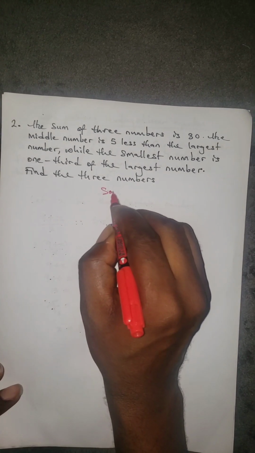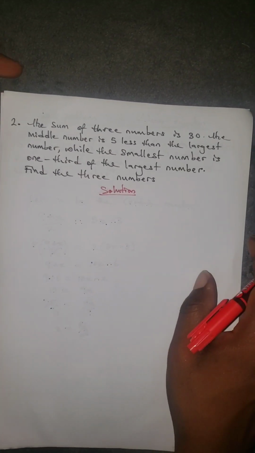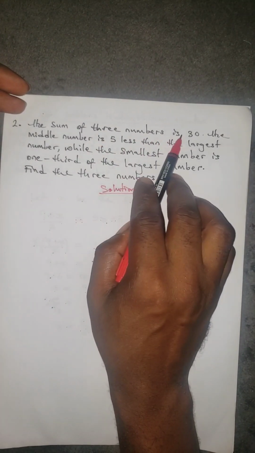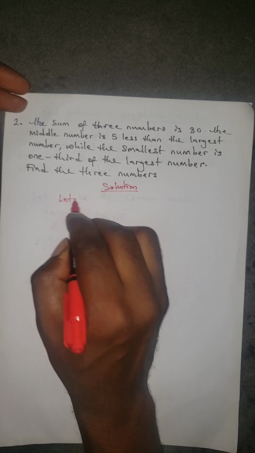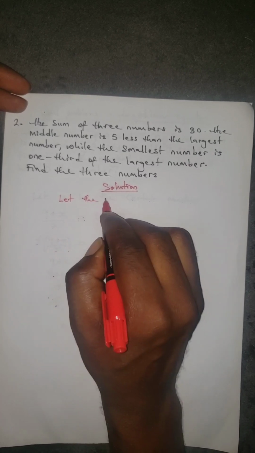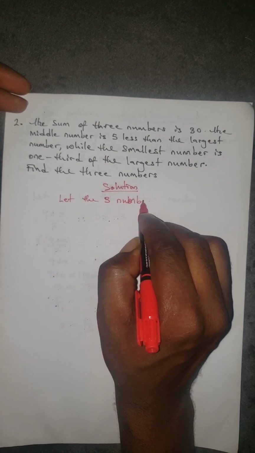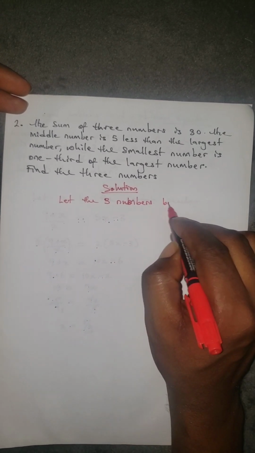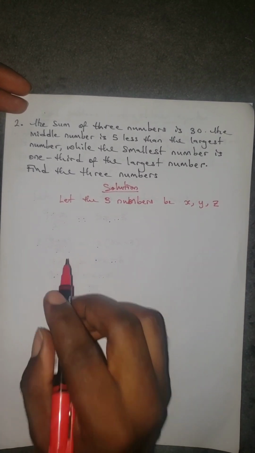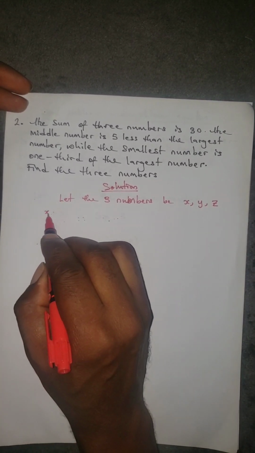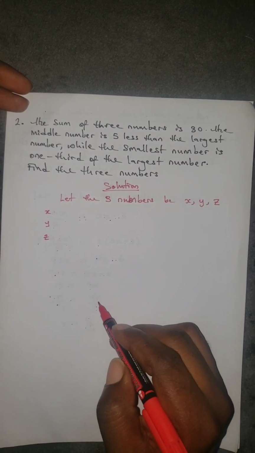So let's have our solution. The sum of three numbers is 30. First of all, let's get our three numbers. So let the three numbers be x, y, and z. Okay, so the first number is x, the second number is y, and the third number is z.